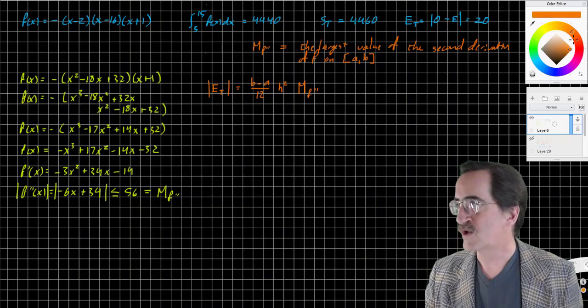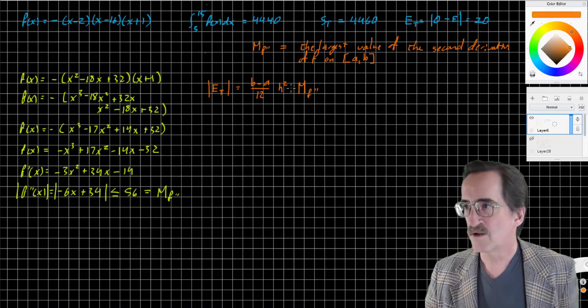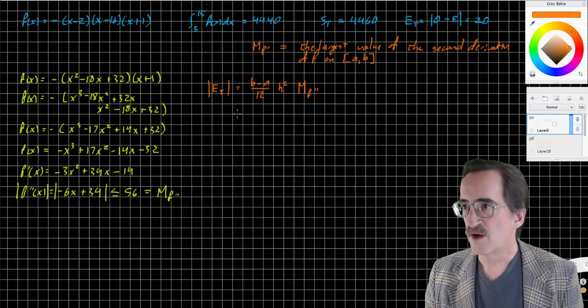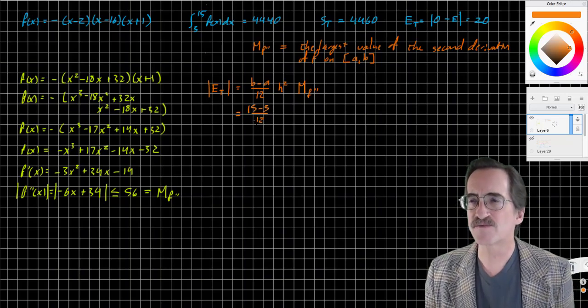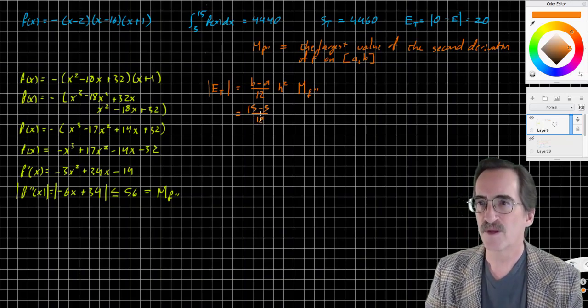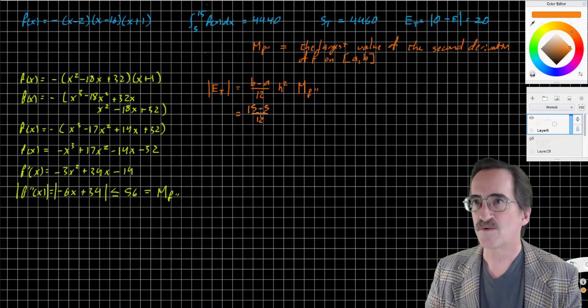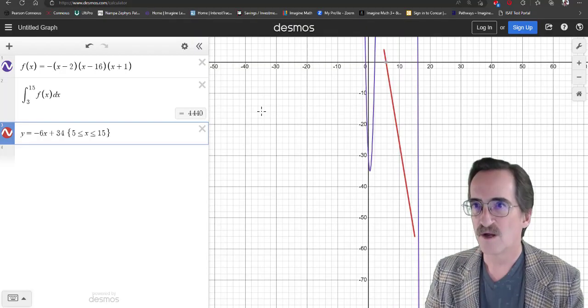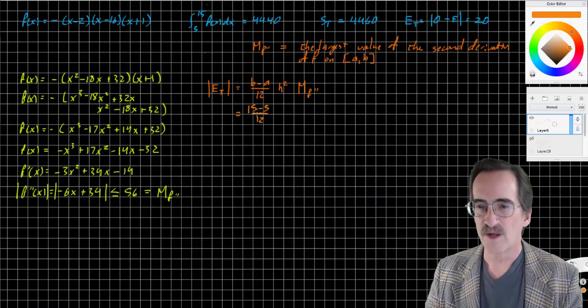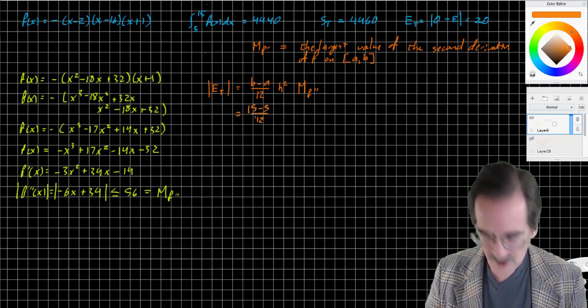And let's work it out. Okay, so the error of the trapezoid, b minus a, 15 minus 3 divided by 12. Yeah, it was 3.